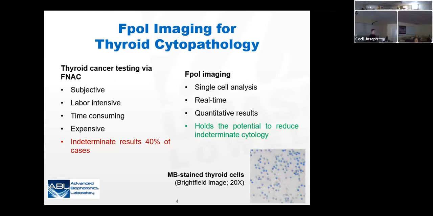So this particular method is subjective, it's labor intensive, it's time consuming, and it's also relatively expensive, yielding those indeterminate outcomes in up to 40% of cases. Whereas fluorescence polarization imaging permits single cell analysis, provides quantitative results in real time. And again, we think it holds the potential to reduce the incidence of these indeterminate cytopathological findings.